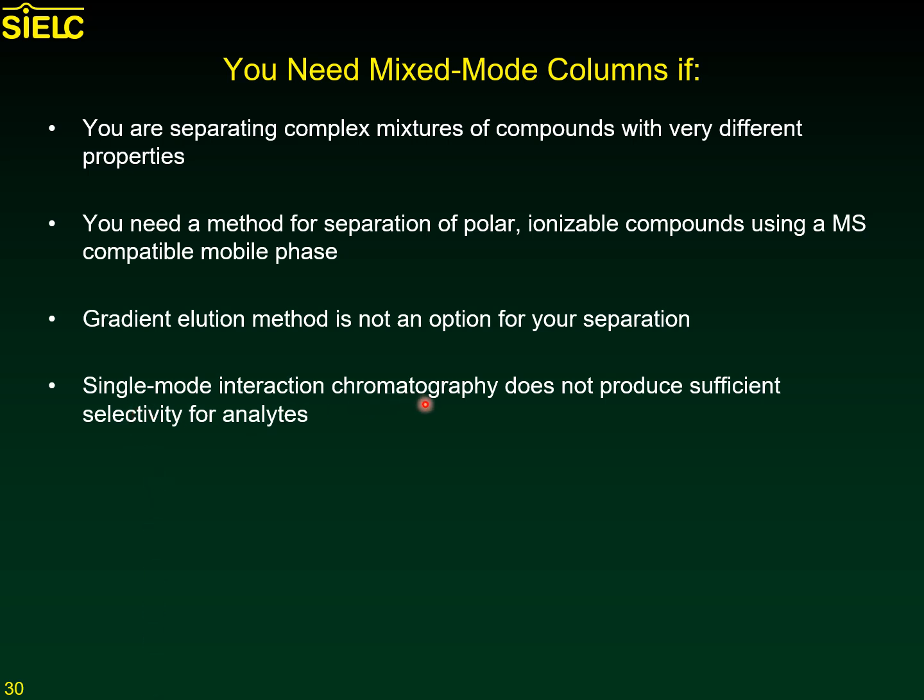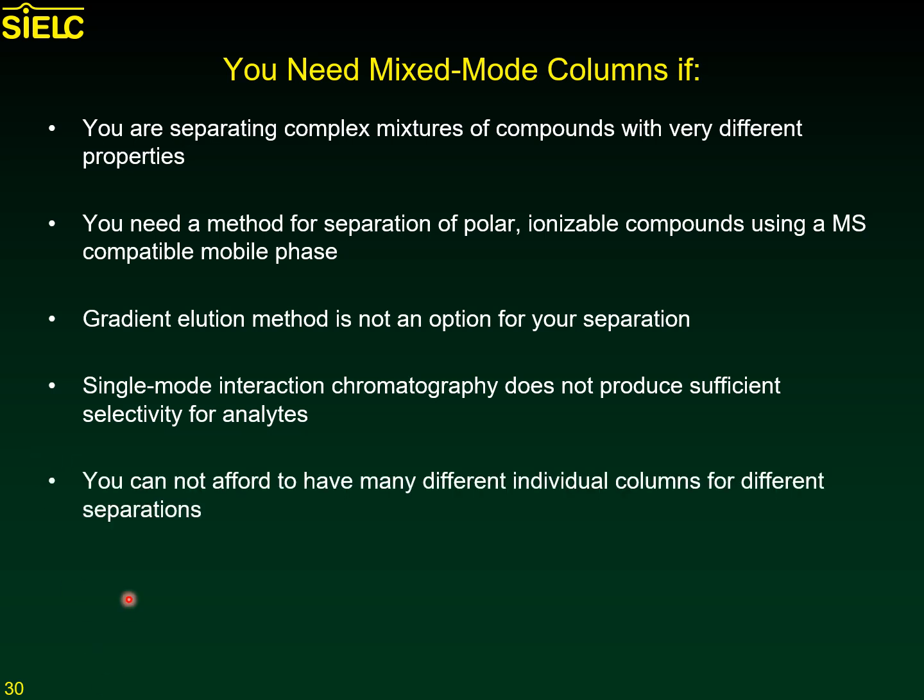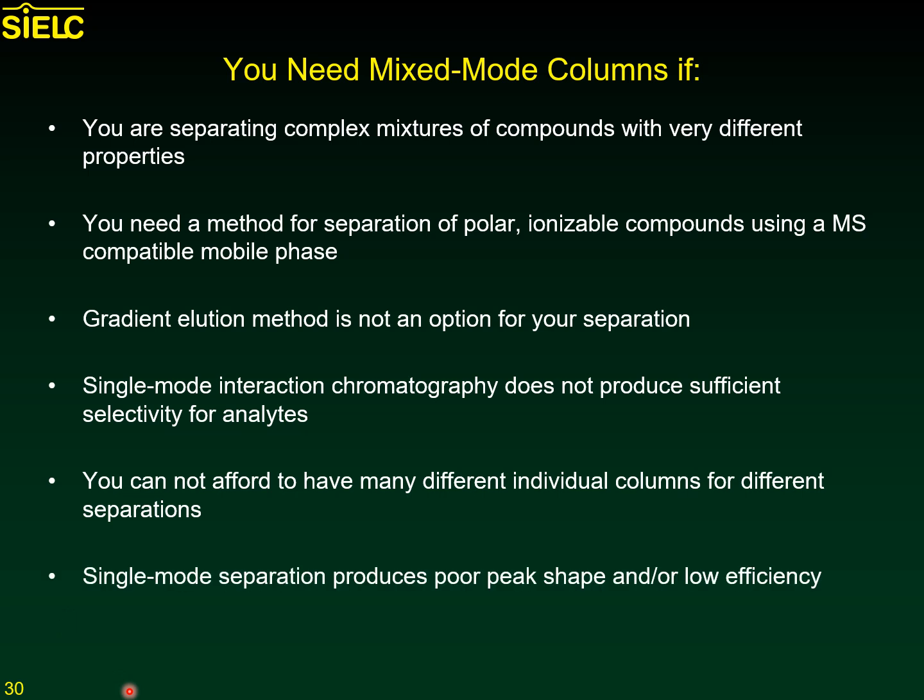Single mode interaction columns do not significantly select your analytes. You maybe cannot afford to have different individual columns for each individual separation you're attempting. Single mode separation might produce poor peak shape and low efficiency on your method. Or perhaps you just want to save money and time on a difficult analytical situation.